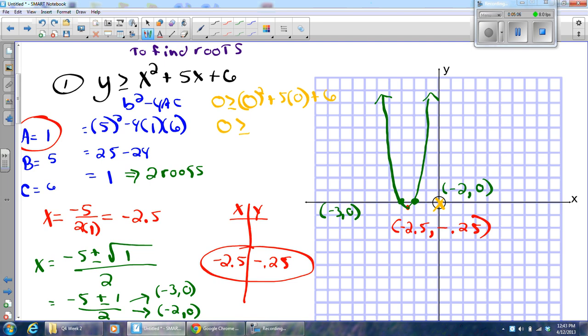Simplifying will tell me that 0 is greater than or equal to 6, which I know is not true, so I won't shade the test point. So my shading will be inside the parabola, inside the U. Should be pretty simple.